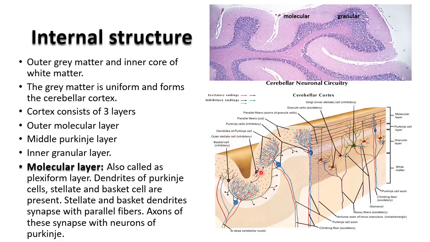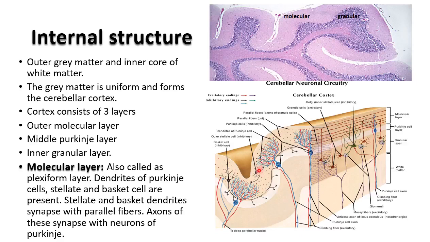Now apart from that, what else do you come across in this molecular layer? You are able to see the dendritic arborization of the Purkinje cells. So the Purkinje cells, which are seen in the middle layer, send their dendrites. You're able to see that. So they send their dendrites to the molecular layer, also called the plexiform layer.